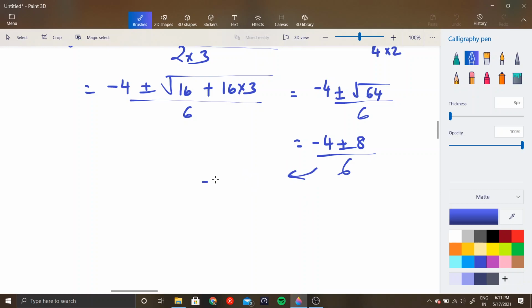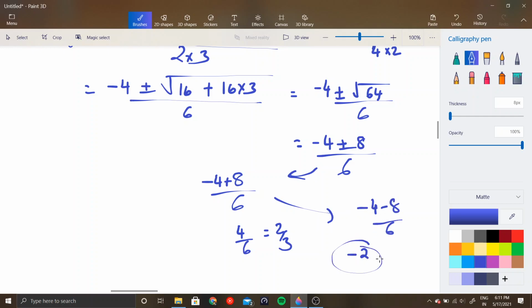So you have minus 4 plus 8 by 6, that is 4 by 6 or 2 by 3, and you have minus 4 minus 8 by 6, that is basically minus 12 by 6, which is minus 2. So y is either minus 2 or y is 2 by 3.